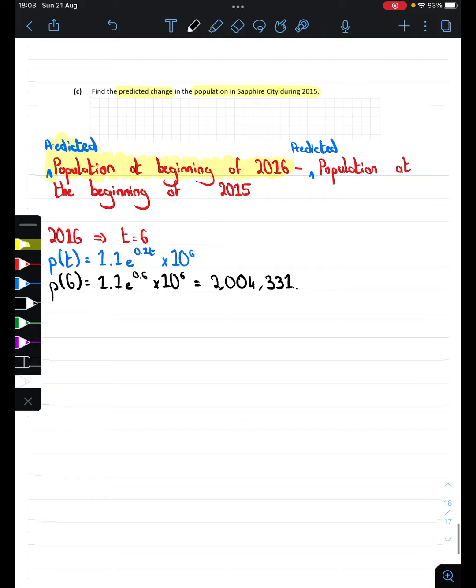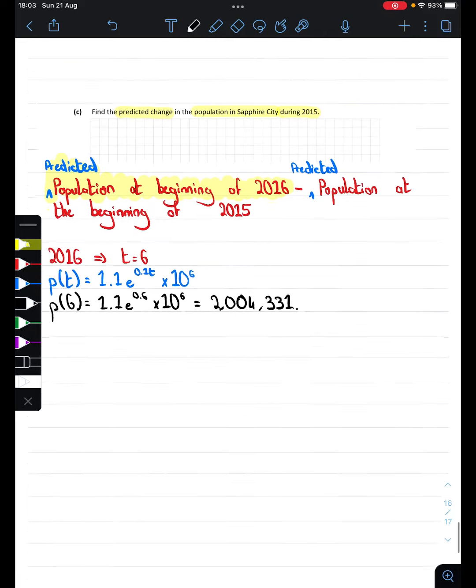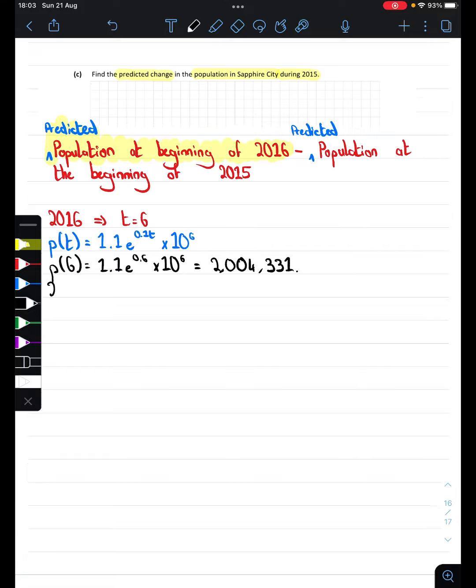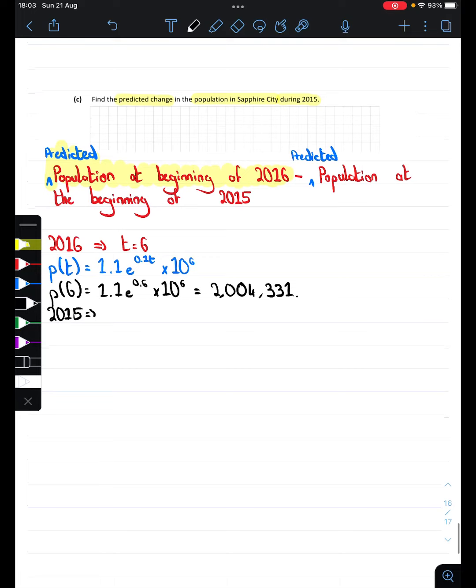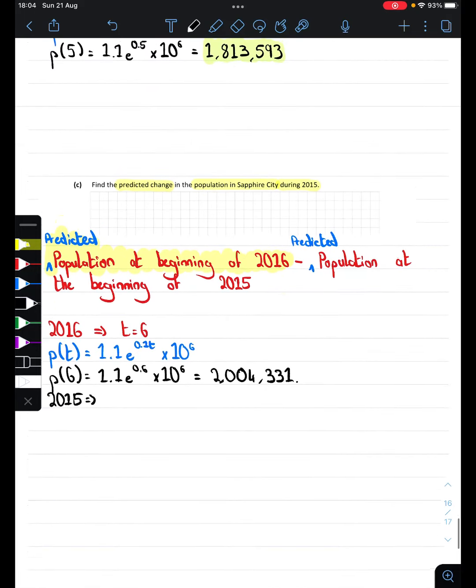So that's the predicted population at the beginning of 2016, and we already know the predicted population at the beginning of 2015. It is 1,813,593.